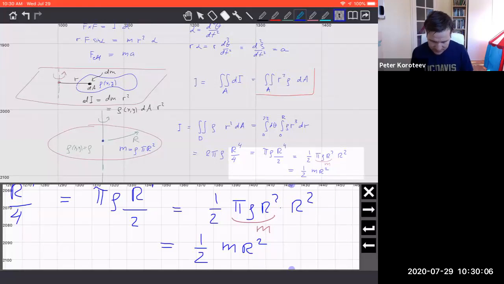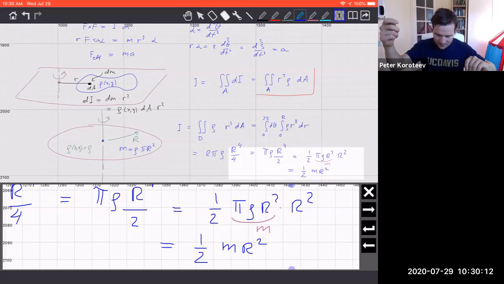In other words, if you have a point particle m at a distance R and you want to rotate it, it feels twice as heavy as the same mass distributed uniformly over the disk, if you try to rotate this around the center.